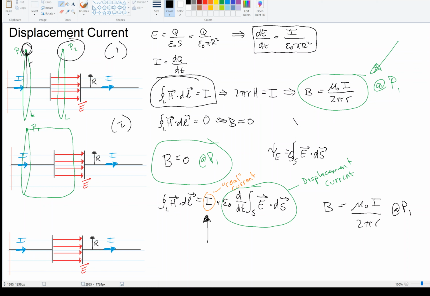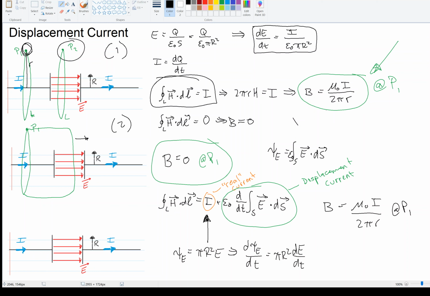If the surface has a flat bottom, then the surface area vector and E are parallel, and the electric flux is simply pi r squared times E. And so the time derivative, r is a constant, pi of course is a constant, would just be pi r squared dE/dt.